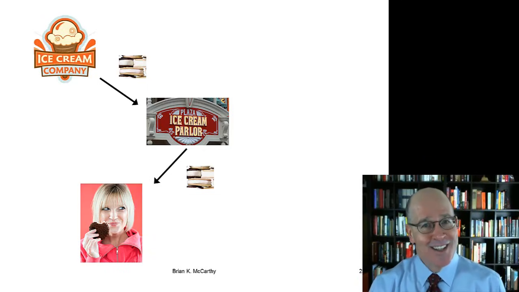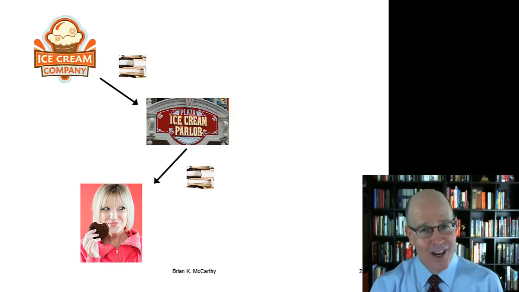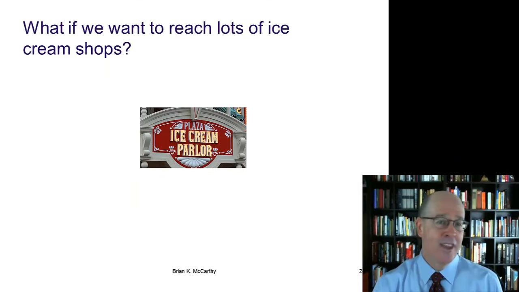So in this case, we are successful. We've been able to convince ice cream shops to carry our delicious ice cream sandwiches, resulting in delighted customers, greater profit for us, and greater profit for our channel partners. What if we want to reach lots of ice cream shops across a broad geographic area?